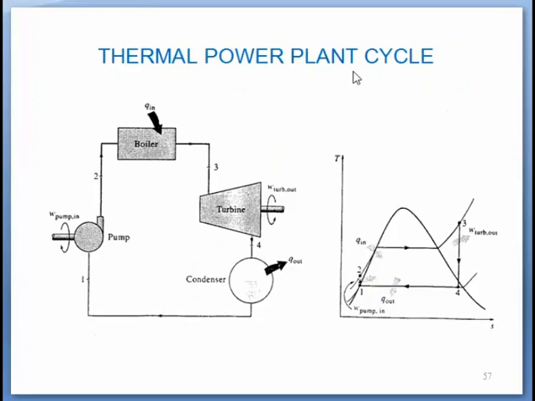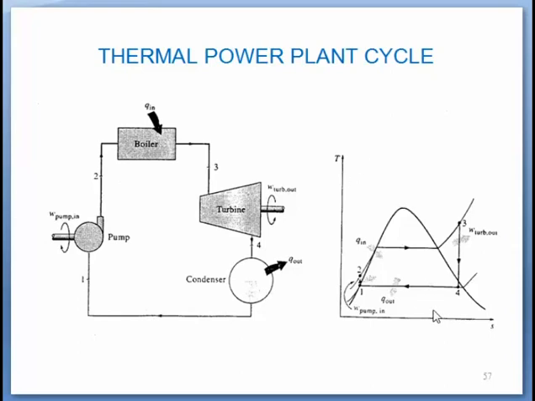Thermal power plant works on the modified Rankine cycle. Here we are just showing the simple cycle. The details of the Rankine cycle will be dealt with in coming classes. Here you can see the boiler where heat is added, the turbine is a work producing device, the condenser where the heat rejection takes place, and the pump requires some work input to pump condensate or feed water from the hot well to the boiler.